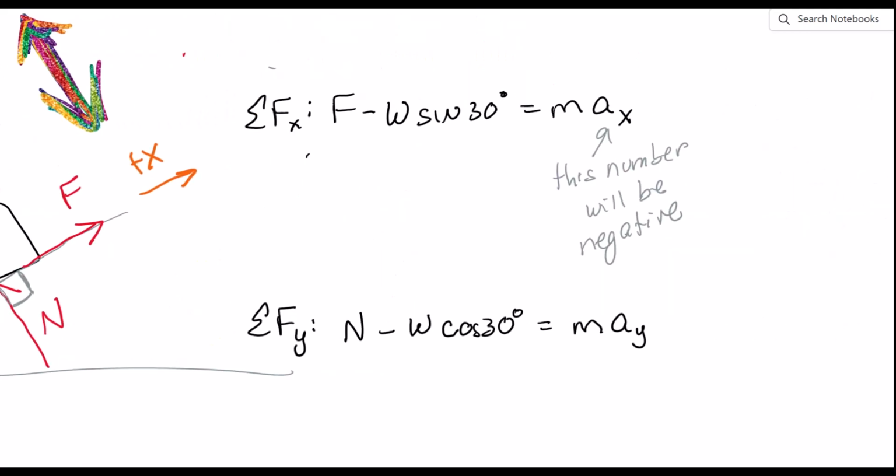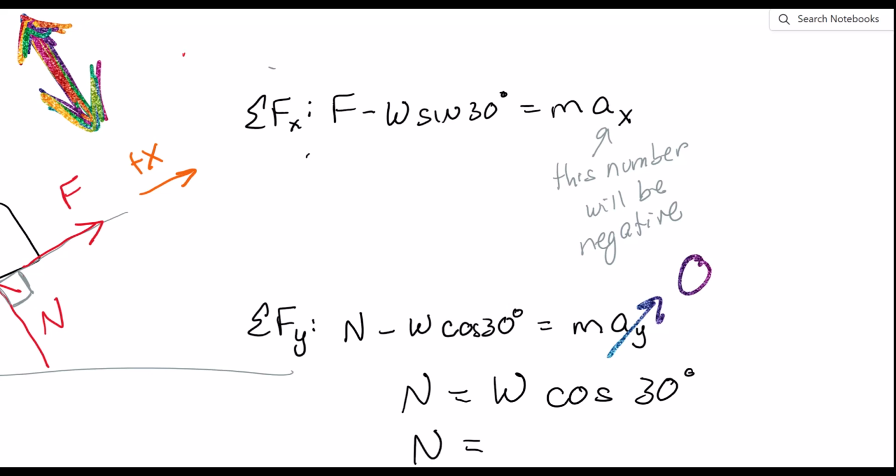So in fact, the acceleration in the y direction is 0. So in this case, the normal force is the weight times cosine of 30 degrees. Not mg. I mean, the weight is mg, but now the normal force is mg cosine 30 degrees.